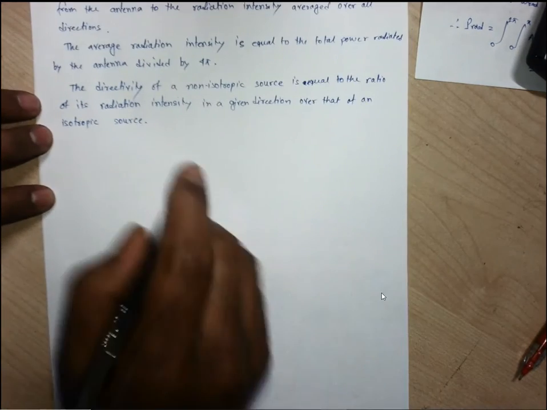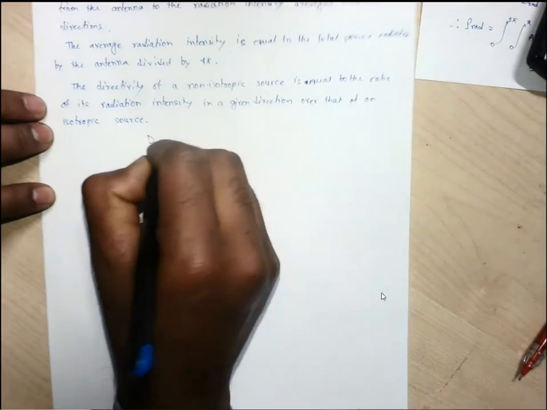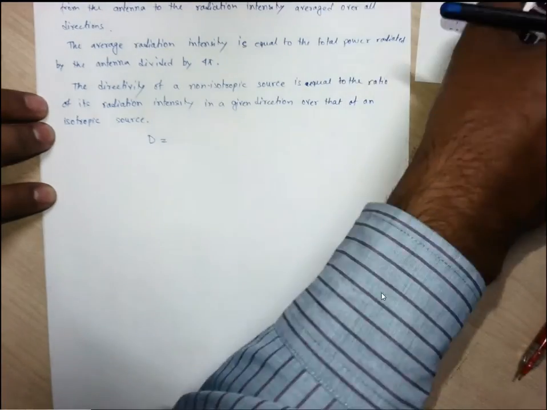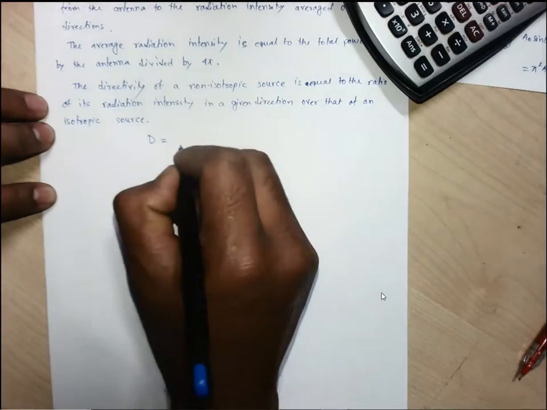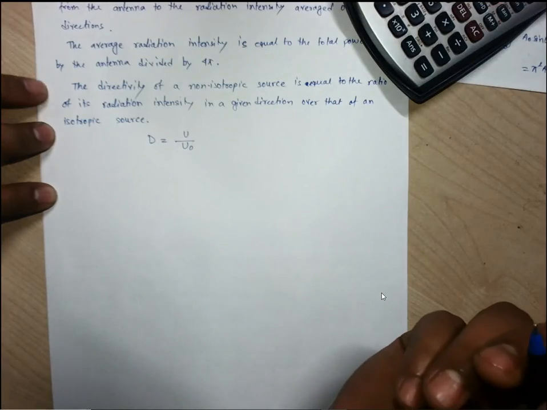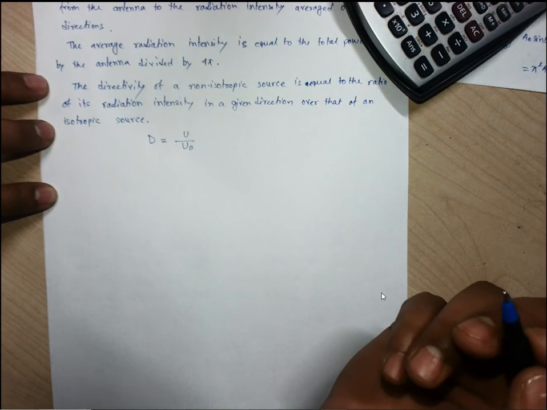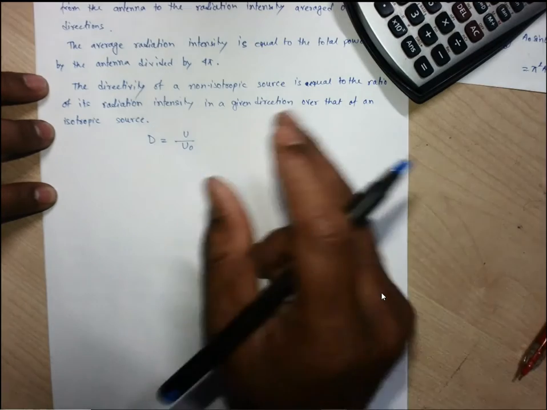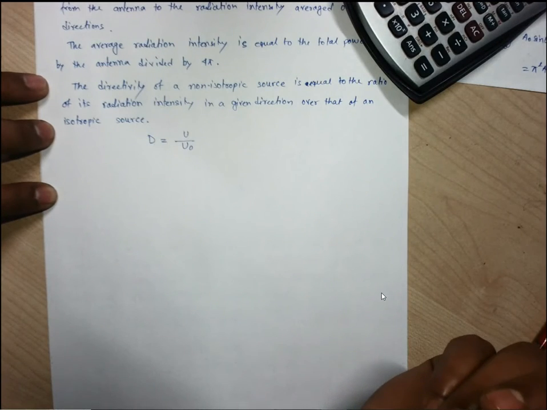So what does it mean? Directivity is denoted by D. D is U by U naught. So what is this U naught? U naught is the radiation intensity of an isotropic source, or averaged over all directions.